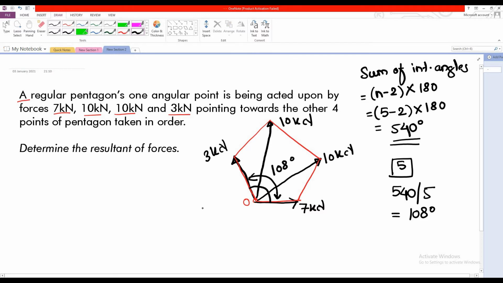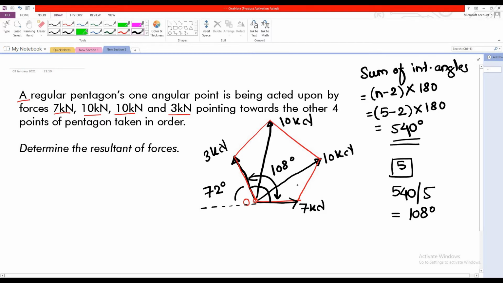Therefore, if we continue this side, then this one which is left comes out to be 72 degrees. The 3 kilonewton force makes an angle of 72 degrees with the horizontal, because we know that a horizontal straight line has an included angle of 180 degrees. We reduce the value 108 from 180, therefore we are left with 72 degrees.